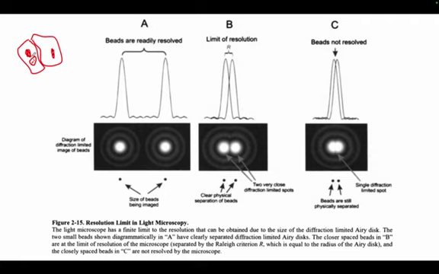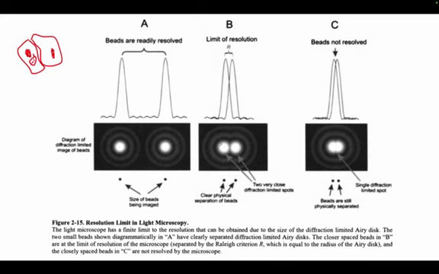So there is a definition of what is a resolution limit, and it is given by this. Essentially, when we image any point object in a light microscope, it will form a pattern like this. This is just a product of diffraction. So you will get this diffraction pattern for any point object.